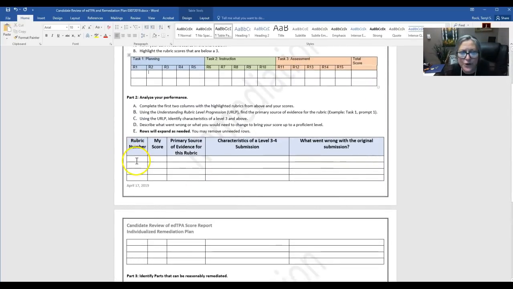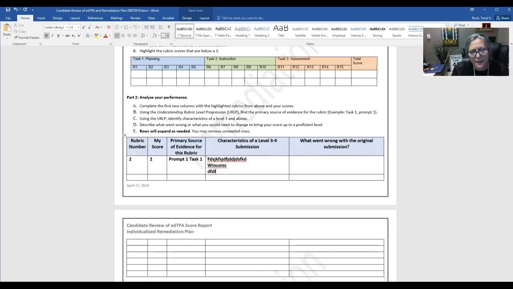When you go to remediation, let's say you're going to do 2, score was 2, primary source of evidence was prompt 1, task 1, and then you're going to get out your understanding rubric label progressions, your URL, and you're going to type in here all of the wonderful things that make something look like a level 3 or a level 4.